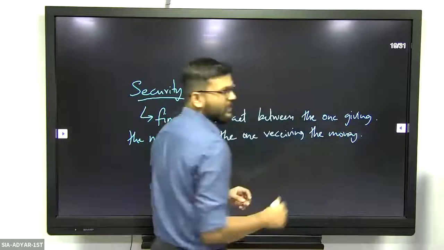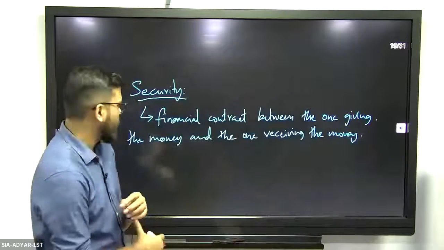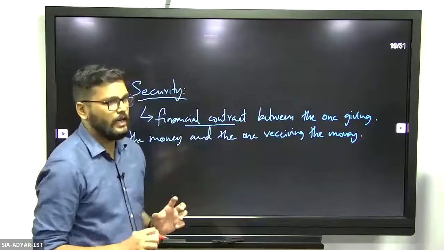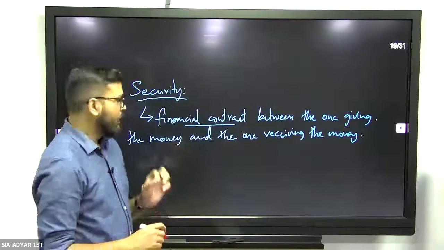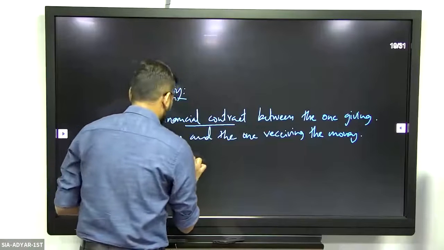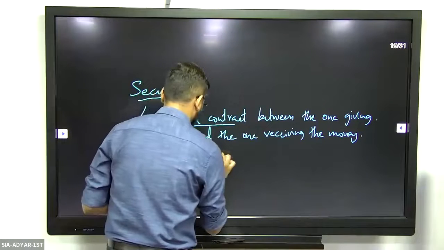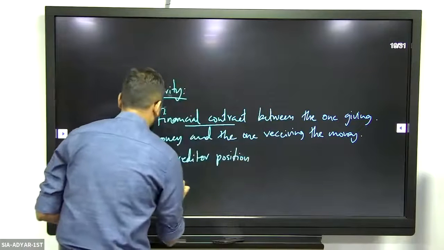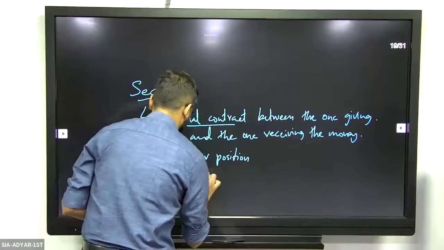Now, why did I specifically say don't call them borrower or lender at this point? Because not all financial contracts are about borrowing and lending. Some financial contracts provide a creditor position, and some provide an ownership position.